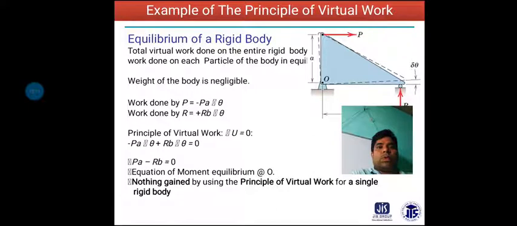So minus PA into theta plus RB into theta is equal to 0. So PA minus RB is equal to 0. So this is the equation of the moment condition at O. So nothing is gained by using the principle of virtual work for a single rigid body.